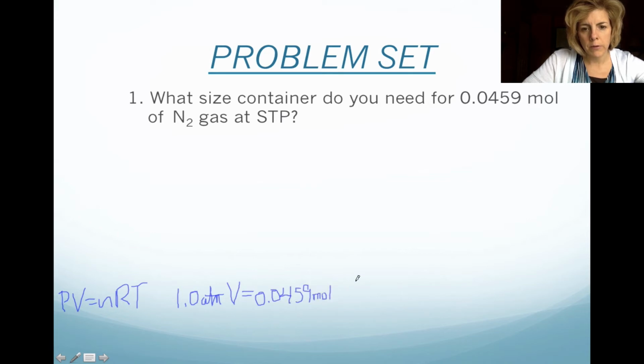Because of the pressure, our constant is 0.0821, and that's liters times atmospheres per mole Kelvin. Then our temperature is 273 because it's standard temperature and pressure. So when you solve for V, you get 1.03 liters.